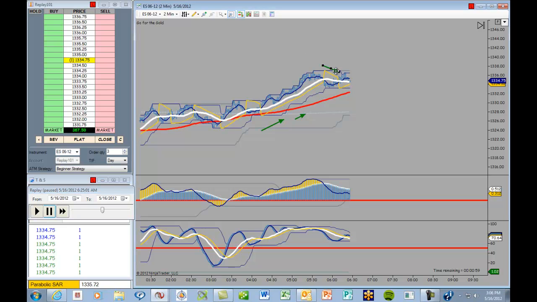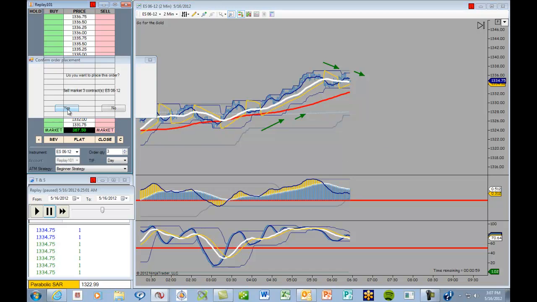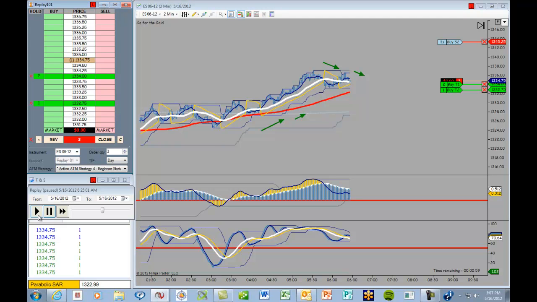So I would say that we have another shot at this, even though we're probably looking at some sort of corrective move. The odds are good that the price is going to come down and probably connect with the red moving average before turning back up, if that's what's going to happen. So let's get short and start up again.